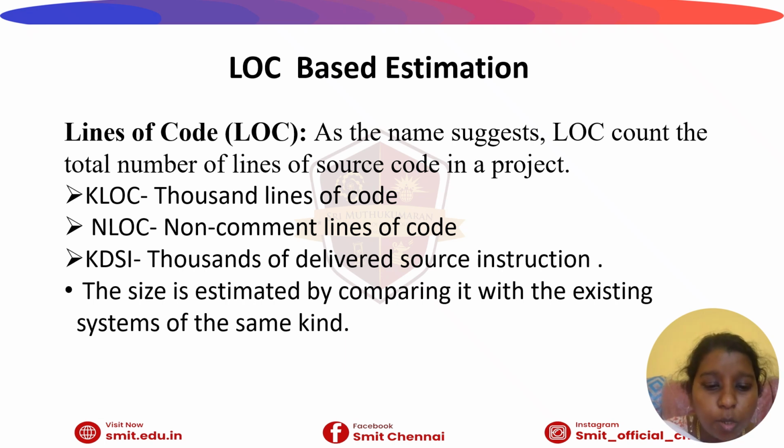KLOC is 1000 lines of code, NLOC is non-comment lines of code, and KDSI is thousands of delivered source instructions. These are the total number of delivered software code lines, that is, each line that is developed. Here we omit the comment and the blank lines.